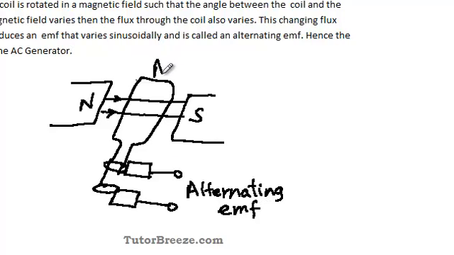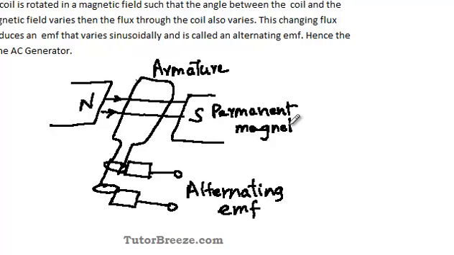You can also just quickly label the different parts. This was the coil which rotates in the magnetic field and is the armature, and then we have the permanent magnet which provides the strong magnetic field in which the coil is rotating.